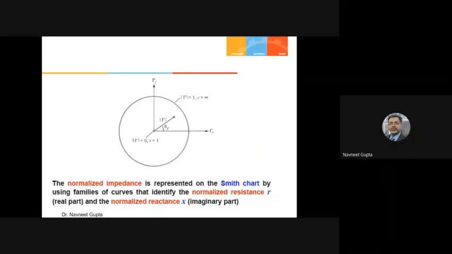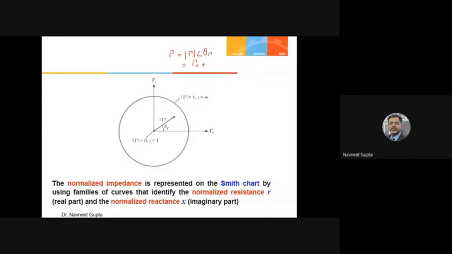The Smith chart is drawn on the complex plane. First, you should be aware of the reflection coefficient, which, as I told you, is made up of its magnitude and its angle. You can also represent it in terms of a real part and an imaginary part, as shown here.